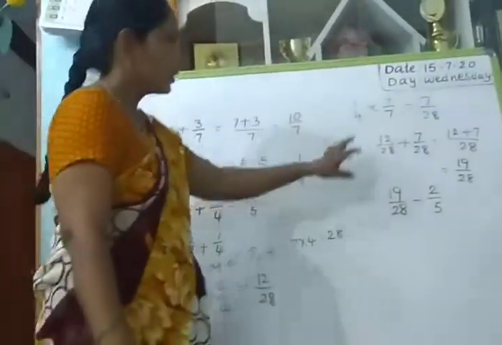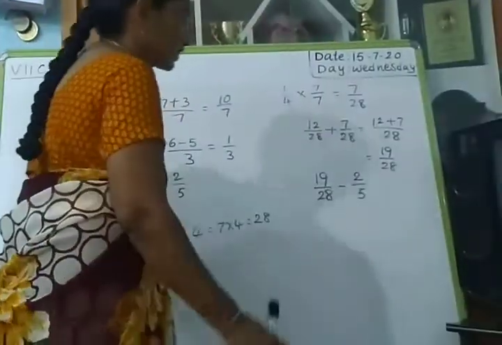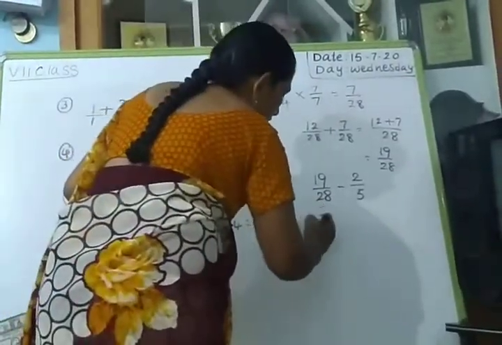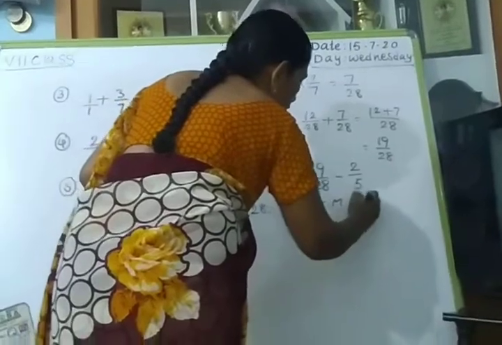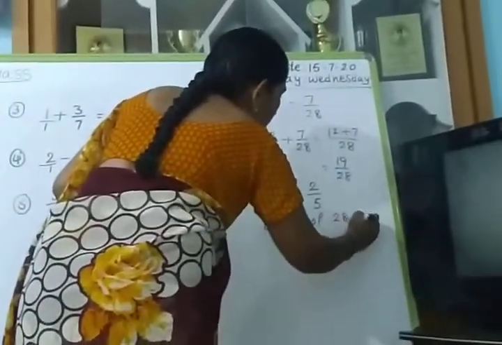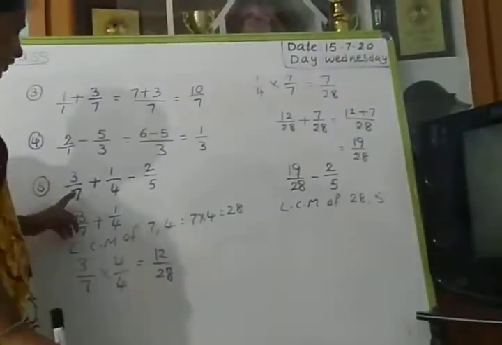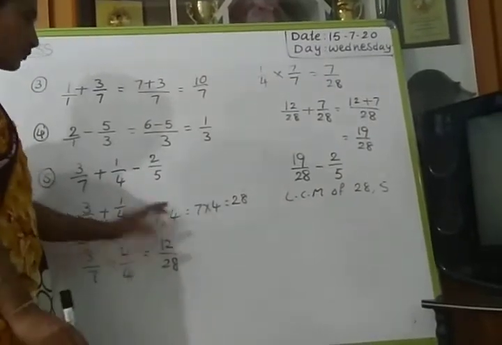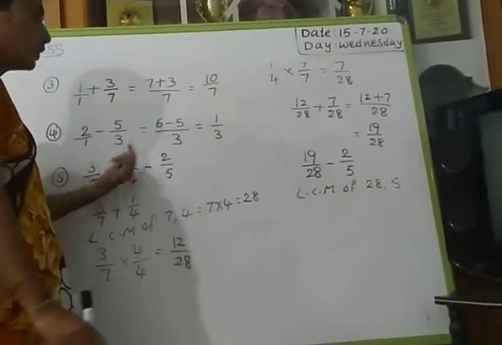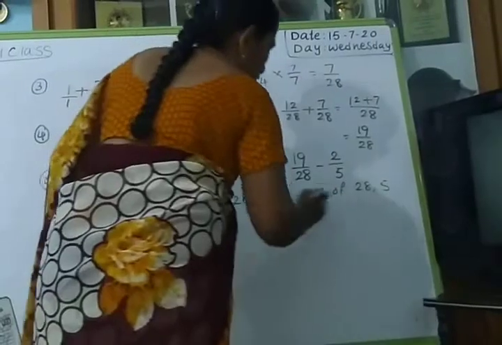So after getting the sum, we have to subtract. Again we have to do the LCM of 28 and 5. Otherwise we can do it directly: first add these two, then again subtraction. You can do it like that also.